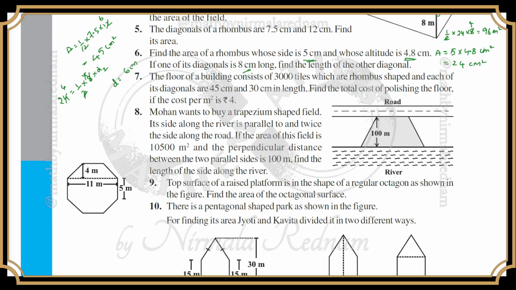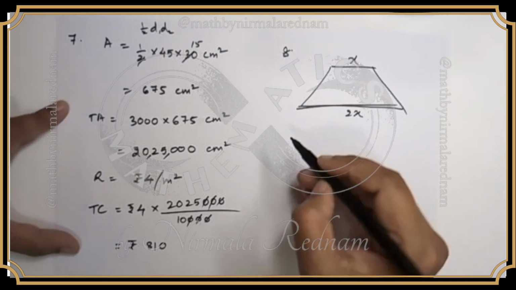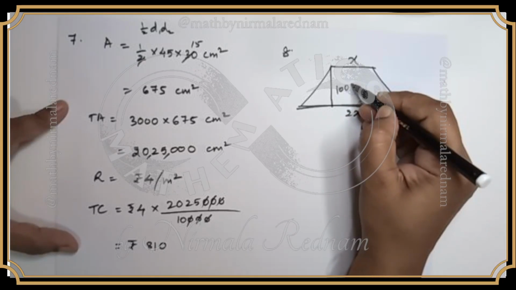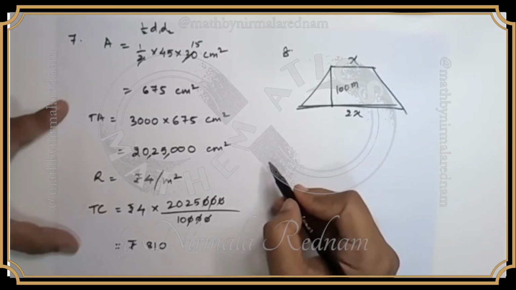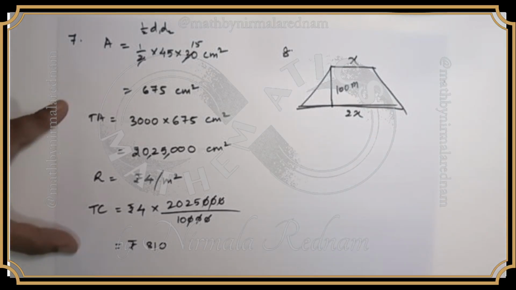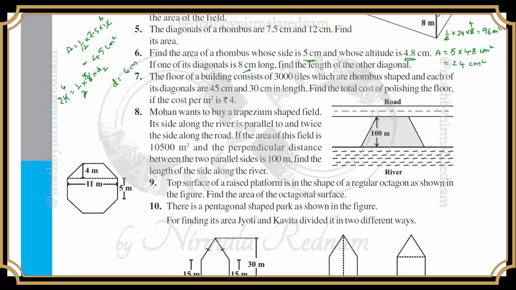Along the river, it's going to be twice what we have along the road. So if along the road it is x, then along the river it's going to be 2x, right? So now this perpendicular distance is given as 100 meters, right? So with this information, we are trying to find the value of x.